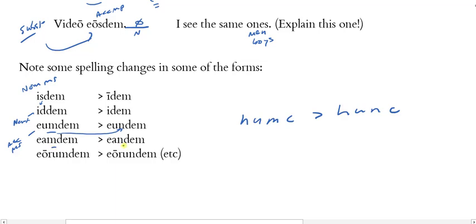Okay, M changes to N, just like humc becomes hunc in the forms of hic. Okay, so we've already seen this. And then eorumdem, again the M changes to N, and with earumdem we would get the same sort of change. All right, so those are some changes there, but the principle here is still the same.